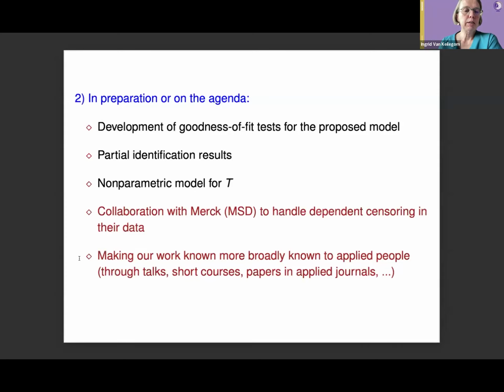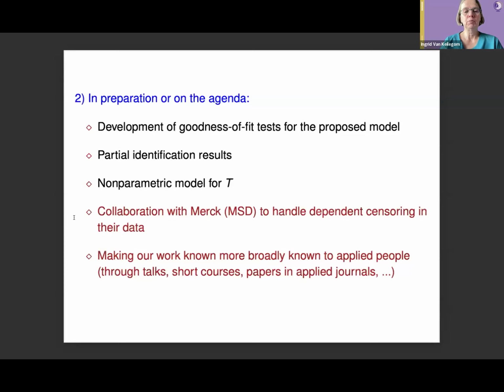And then finally, the two last points, I put them in red because I think they are maybe also very useful. The fact of making these dependent censoring models more broadly known to more applied people, that's also something that we have on our agenda.